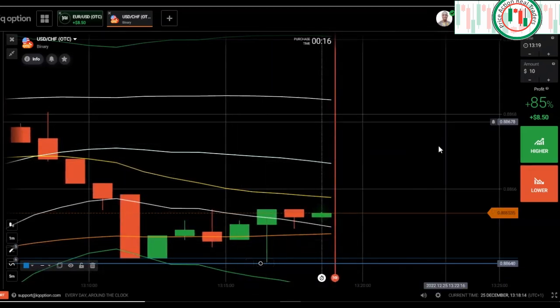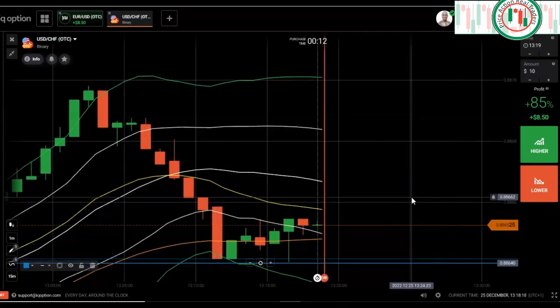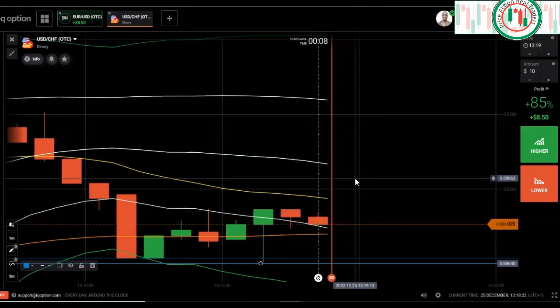So let's wait again. The market is trying to change direction here. You see, this is a hammer candlestick.